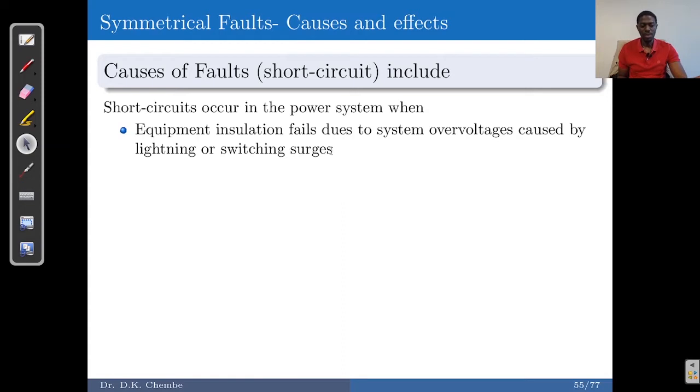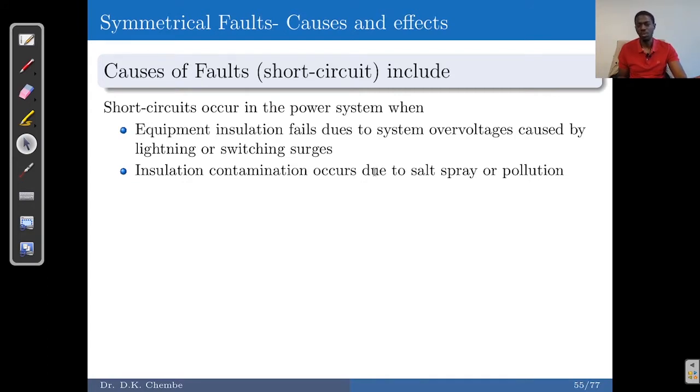Like we already mentioned, causes of faults and short circuits in a power system include mainly equipment installation failure. This can lead to a direct short circuit, which could also be caused by lightning or switching stages. Then you have installation contamination, which occurs mainly due to pollution or salty sprays in the system.